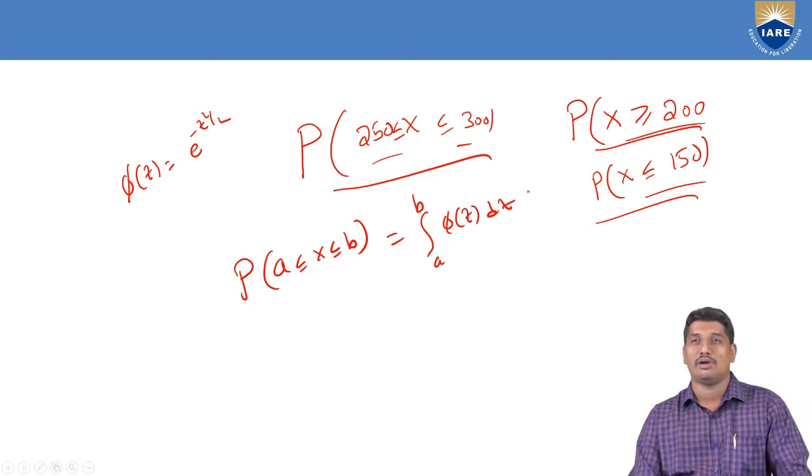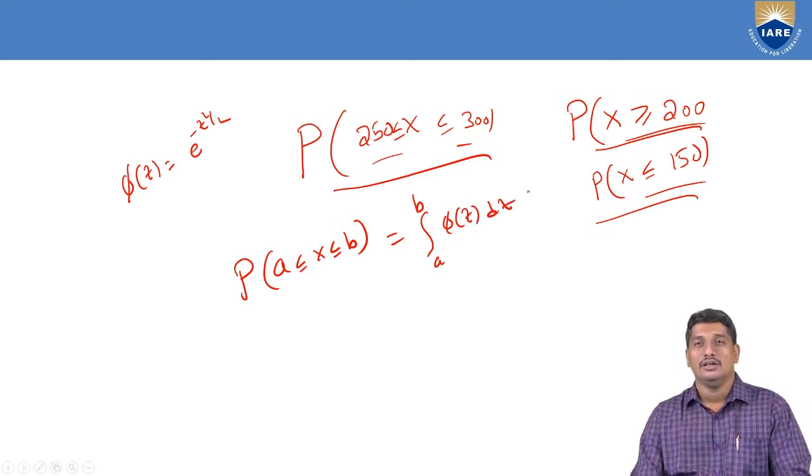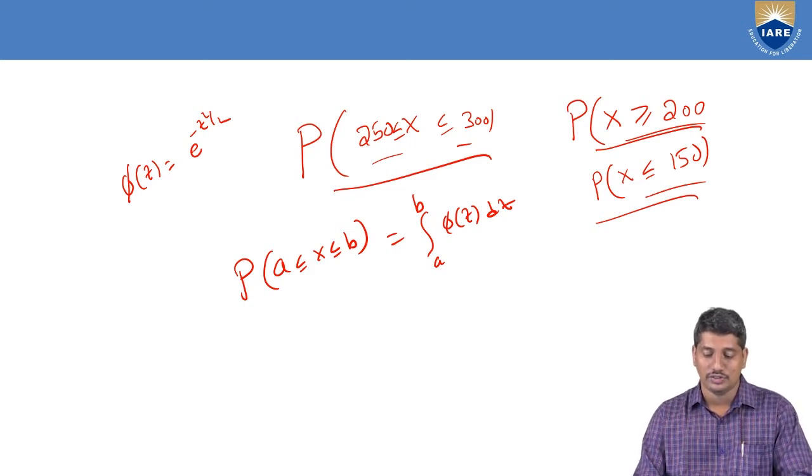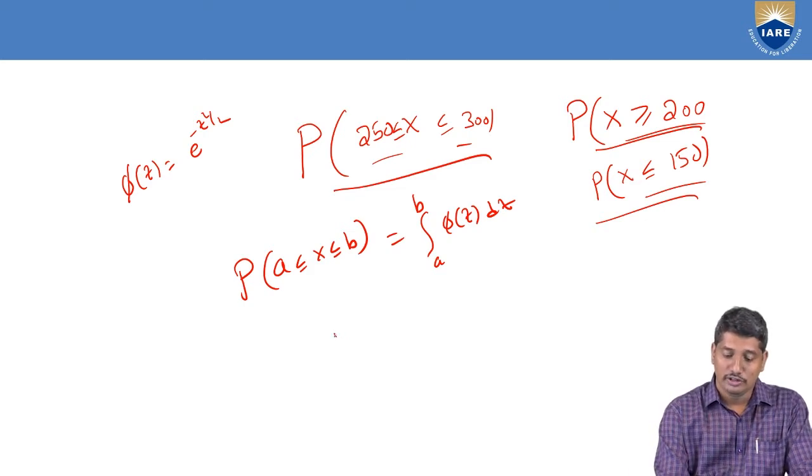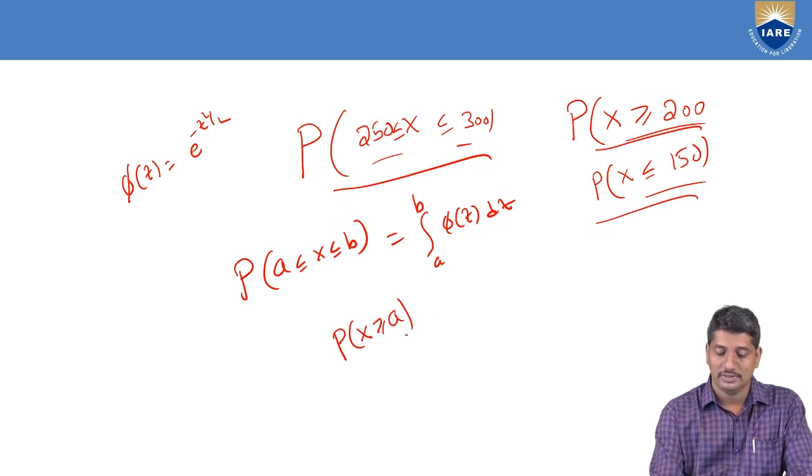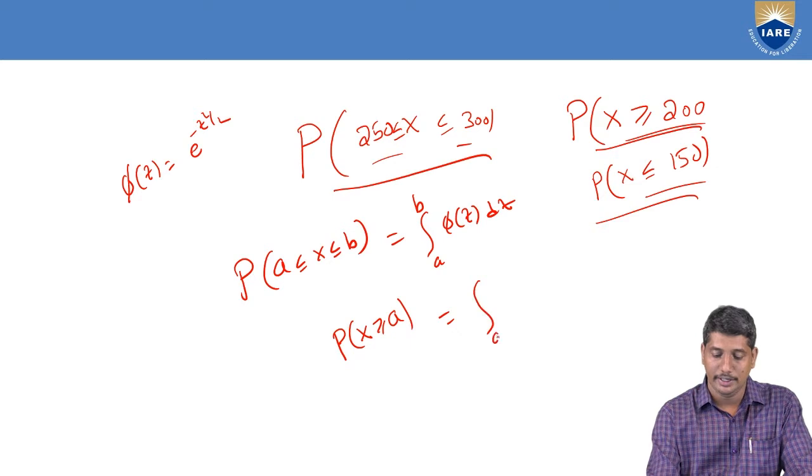This is the formula to calculate a probability such that x lies between a and b. If you want to calculate x greater than or equal to a, then the formula will be the integral from a to infinity of phi of z dz.